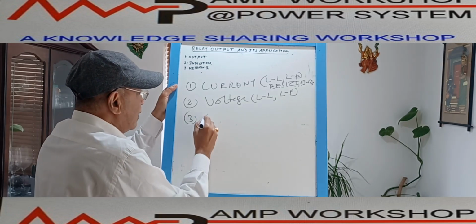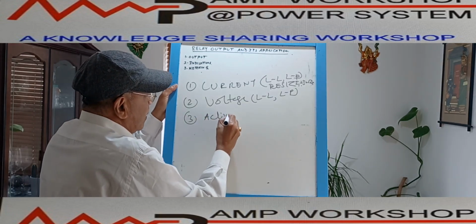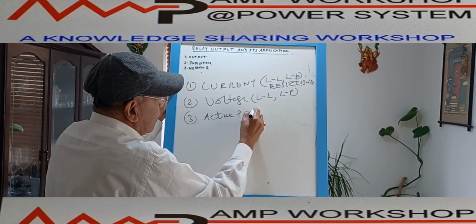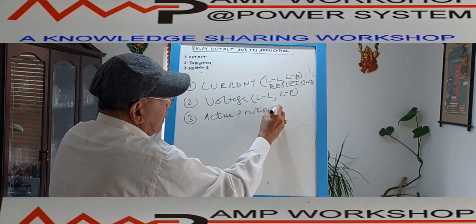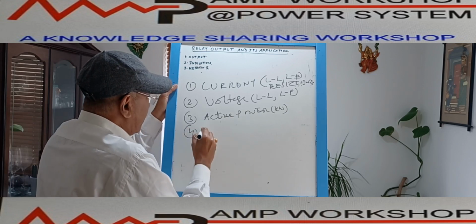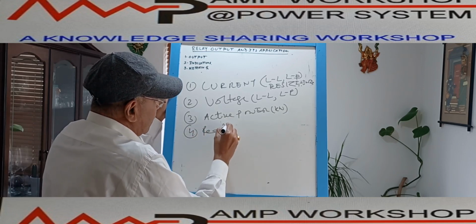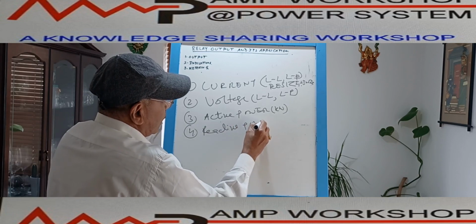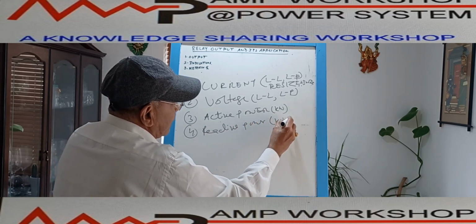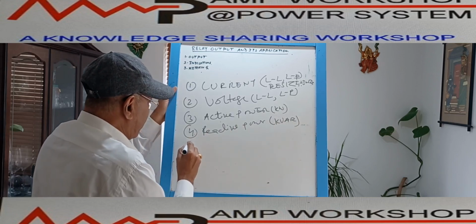Number 3 is active power. Active power means kilowatt. Then it can measure the reactive power. Reactive power means kVAR. It can measure the total power, kVA.